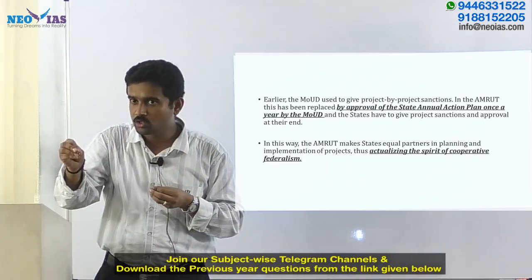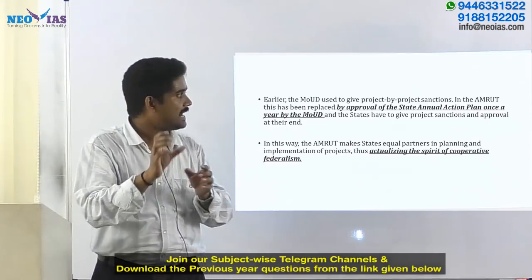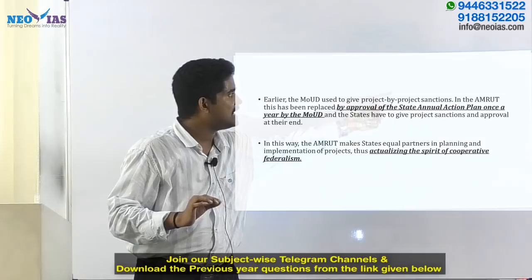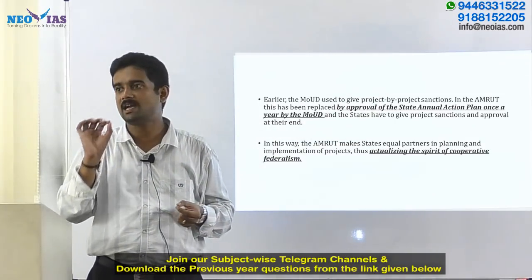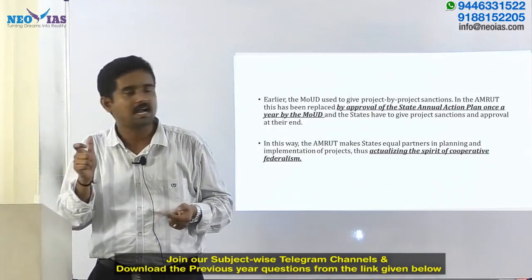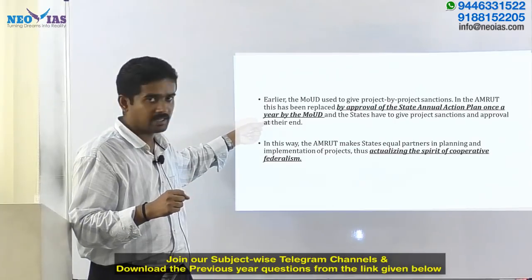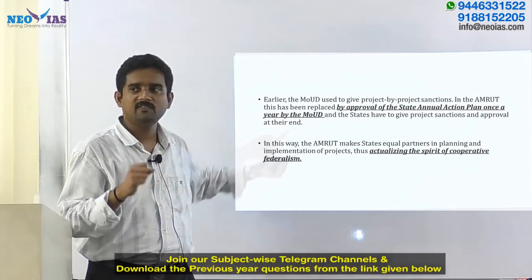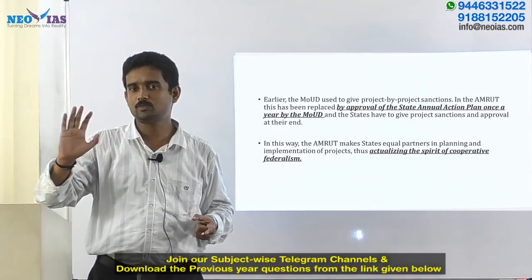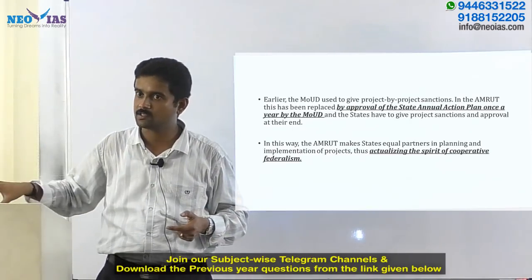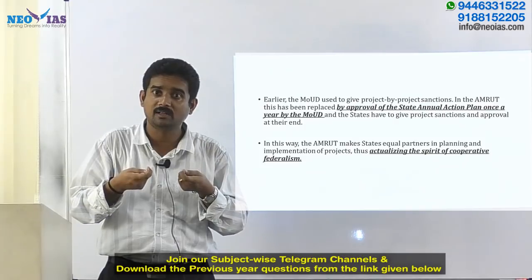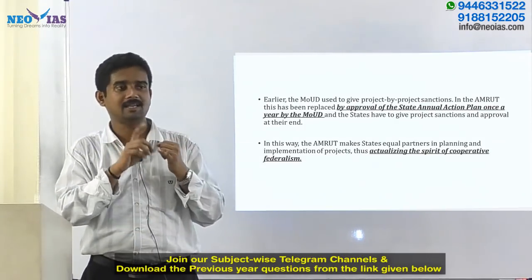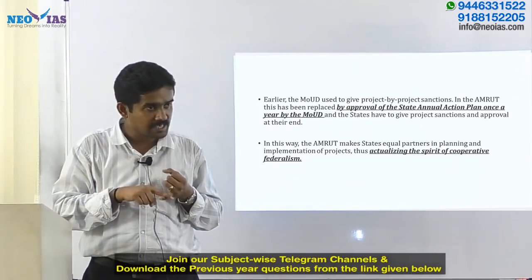they are listed in something known as the State Annual Action Plan. Once it is in the respective state's annual action plan, the Ministry of Urban Development will give a single-time approval. Which means that for construction of every different section of a project, you don't have to get an approval every time, which makes the process much easier, another benefit of the Amrut scheme.